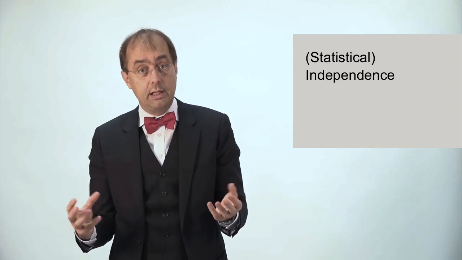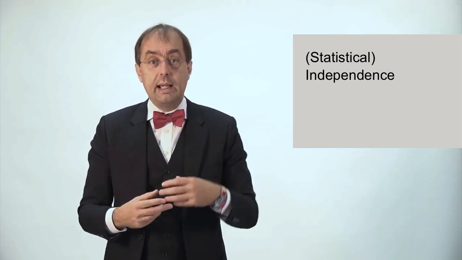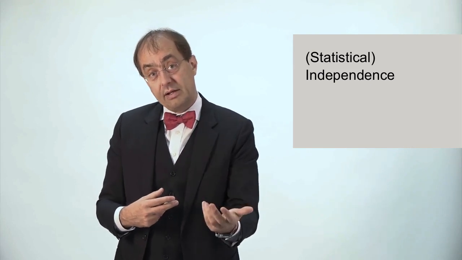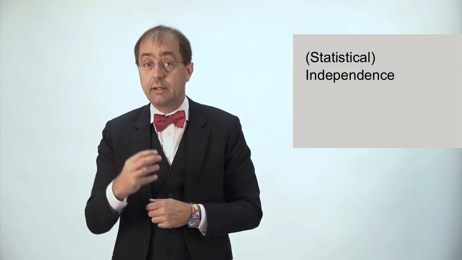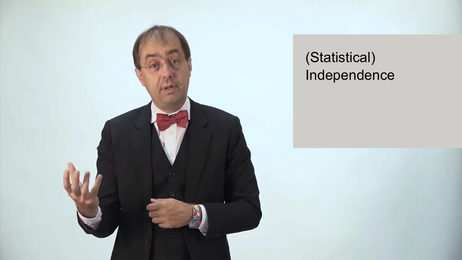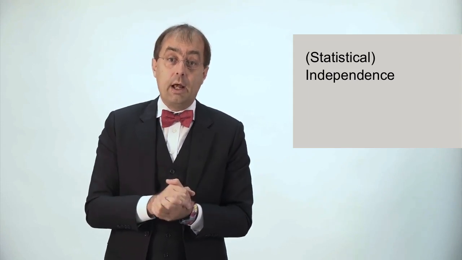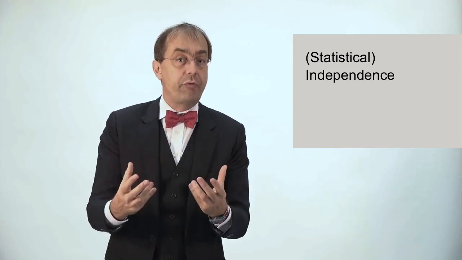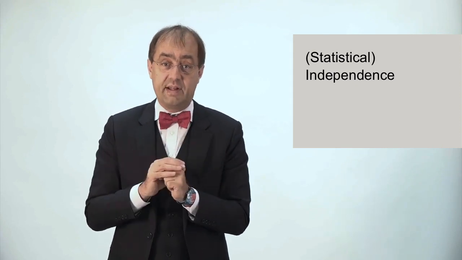More generally, 2 events are called independent if event A occurring or not occurring does not affect the probability of event B occurring. Why do we like this concept? Because now it's very easy for me to calculate the probability of the intersection of 2 events.